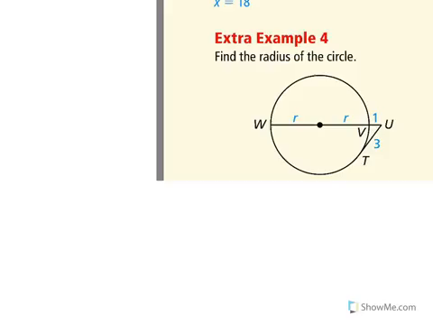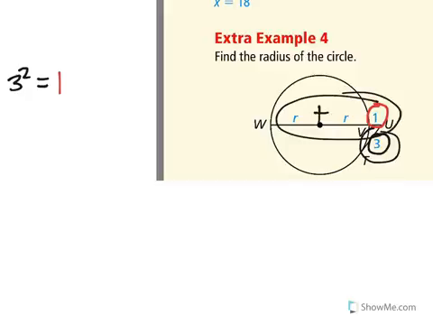Alright, so last example is the one with that double R thing. I just wanted to make sure we got an example like that. Okay, so we have our tangent line. So we have 3 times itself, so 3 squared is equal to, and then we have our outside of our secant, which is 1, and that's going to be multiplied by our whole line, which is r plus 1.